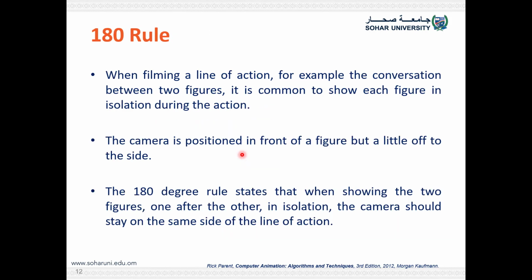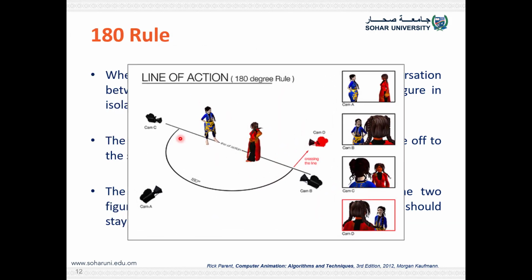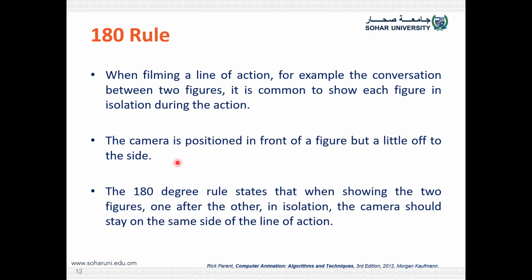Another one is called the 180 rule. Maybe we can see the figure to understand the concept. So this is the meaning of the 180 angle rule. This method is always used in case of a conversation between two figures, between two persons.